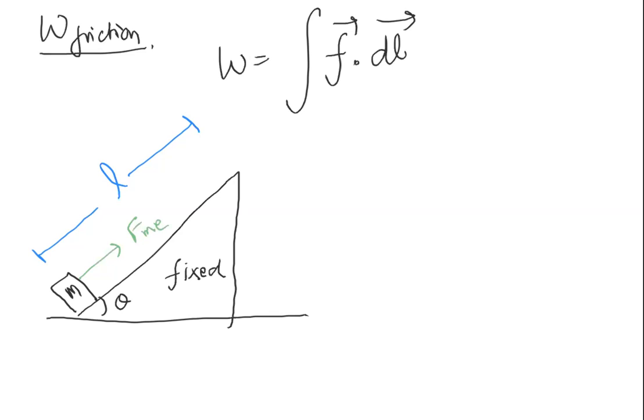So what are the forces acting on this object? mg, normal reaction, friction. Friction will be mu n because of the fact that it is moving. I'm telling you it is moving. I take it up to the top. That means this is the initial point, this is the final point.